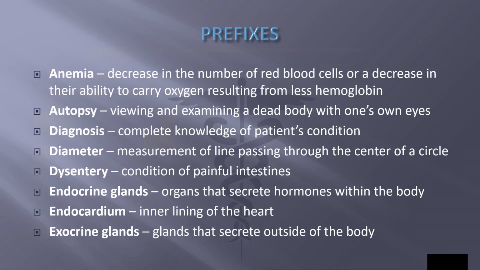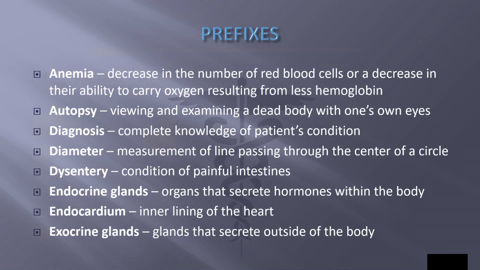Next we have endo. This means within. So our term endocrine glands. Crino means to secrete, to form and give off. Examples of endocrine glands are the thyroid gland, pituitary gland, adrenal glands, ovaries, and testes. All of these glands secrete hormones within the body and into the bloodstream.